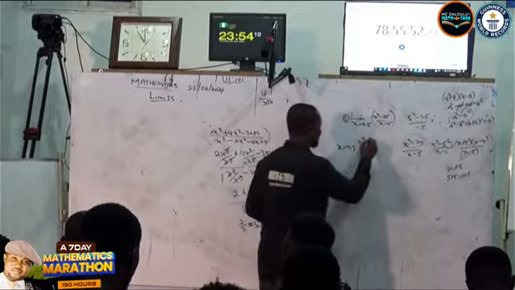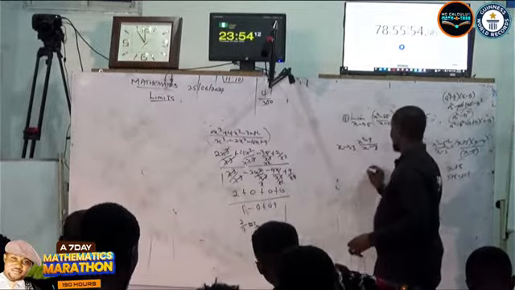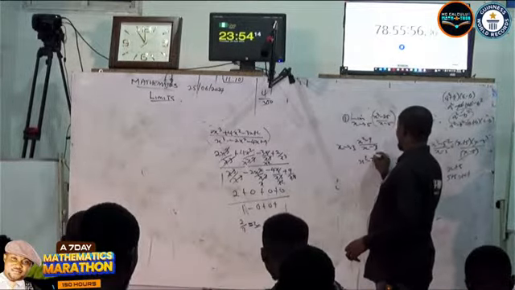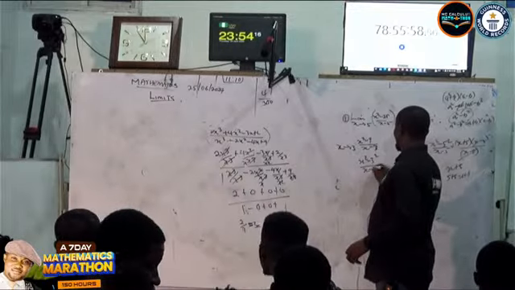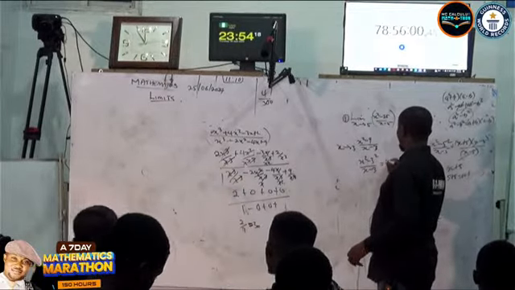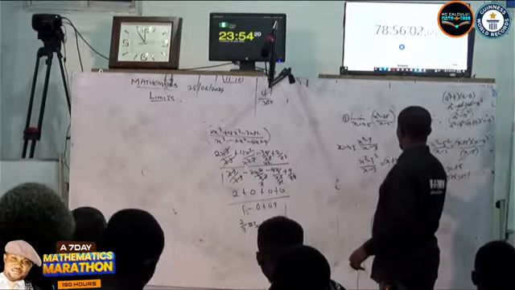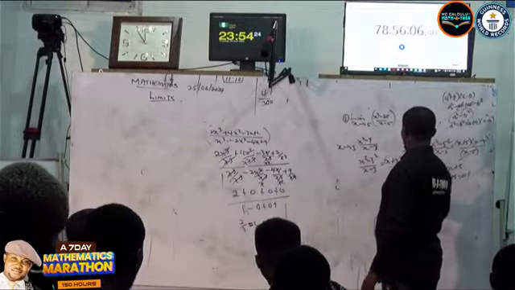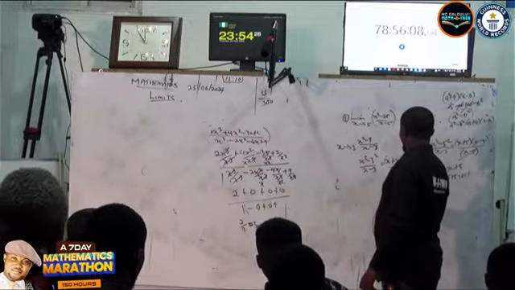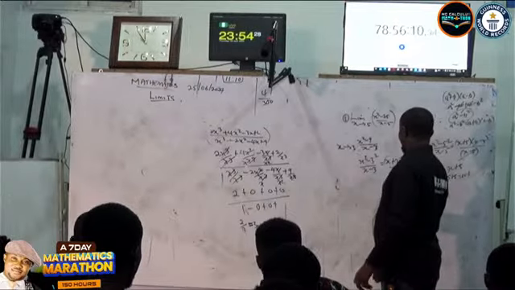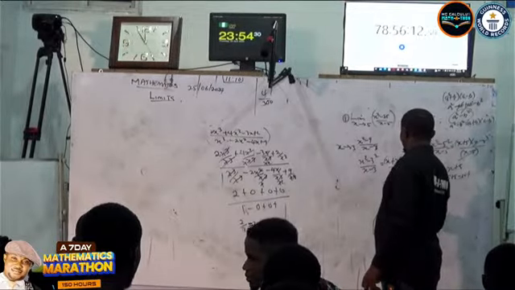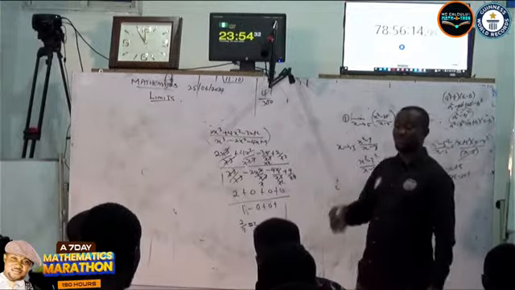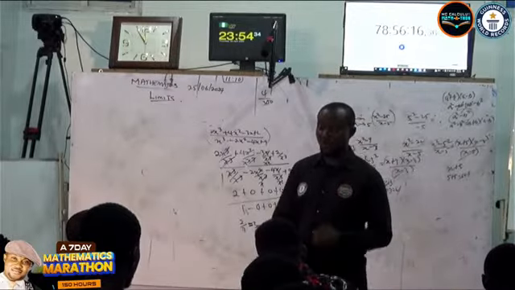Difference of two squares: x squared minus 3 squared over x minus 3. What's the next step? x plus 3 times x minus 3 over x minus 3. Cancel. x plus 3. Bring 3 and put there. 3 plus 3.